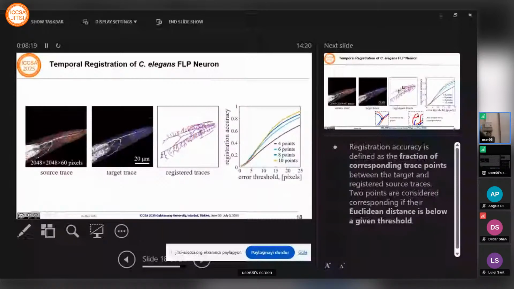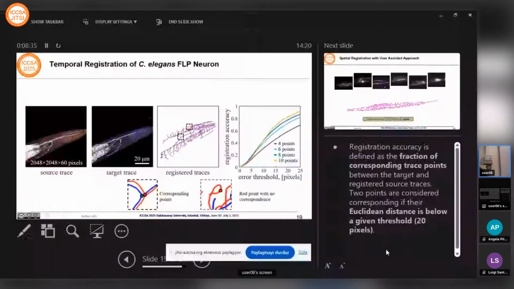And I plot this registration accuracy here. And the way this is defined, because these are manually traced neurons, there's no ground truth that I can rely on. So the metric I use here to calculate the accuracy of my registration is just based on corresponding points, based on a distance threshold. So here, these two points will be labeled as corresponding.